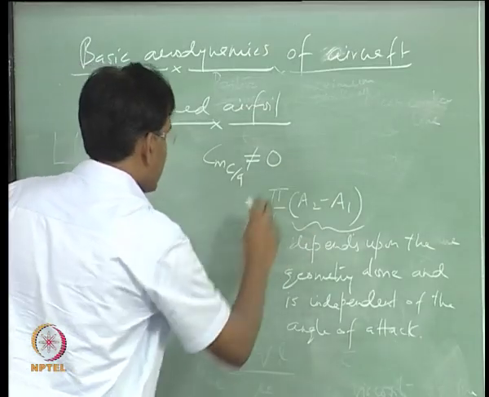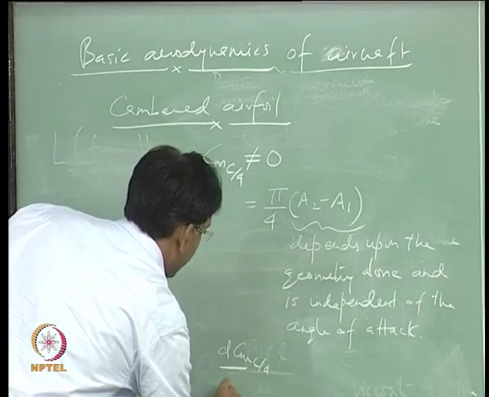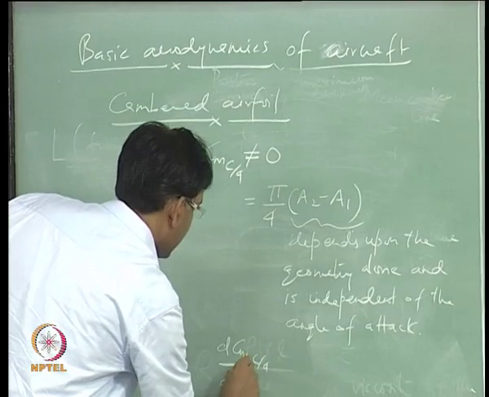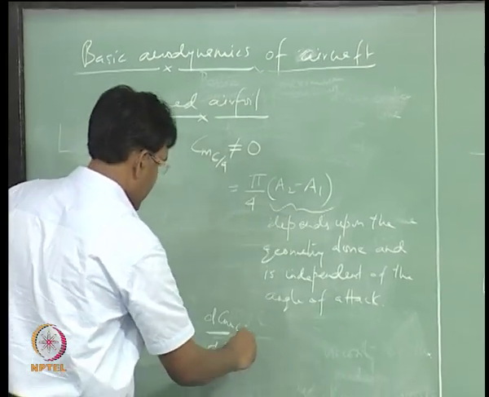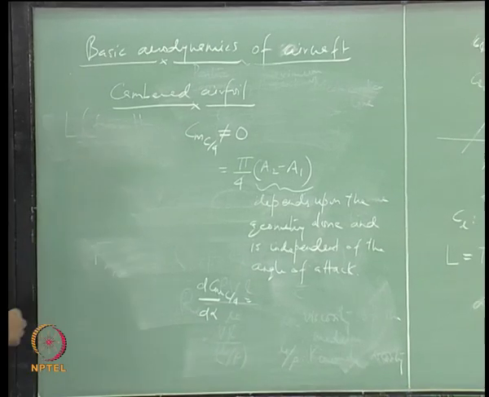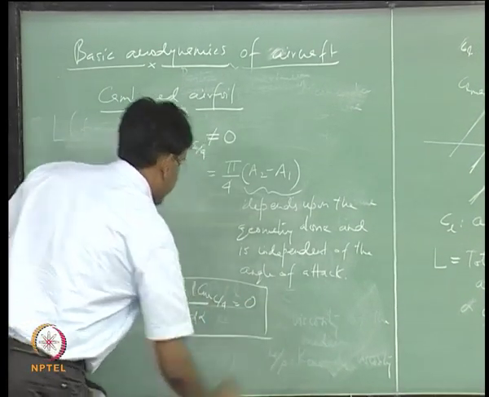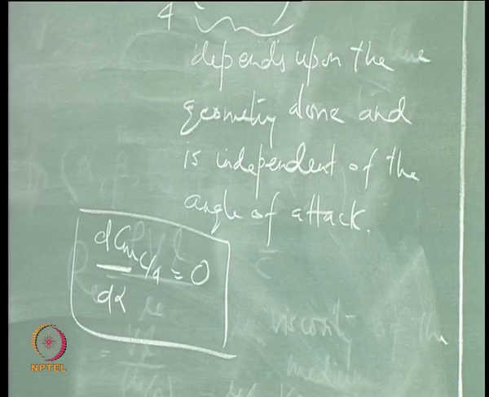So, this being a constant and independent of angle of attack, dCm c/4 for any airfoil, which is a cambered airfoil, is 0.